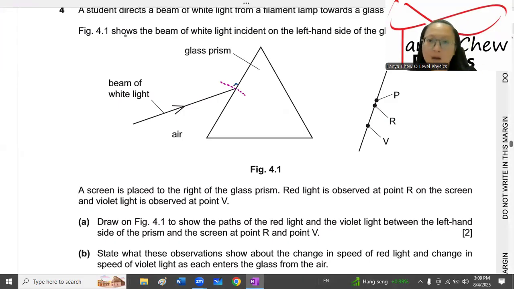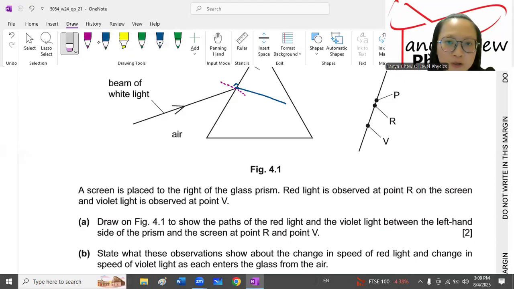Now, what happened? Red light would be refracted more as compared to the violet light. So red light refracted because this is less dense to denser. So the light ray will be refracted towards normal. But red light will be further from the normal because it will be refracted even more. I would redraw it. Okay, let me erase this one.